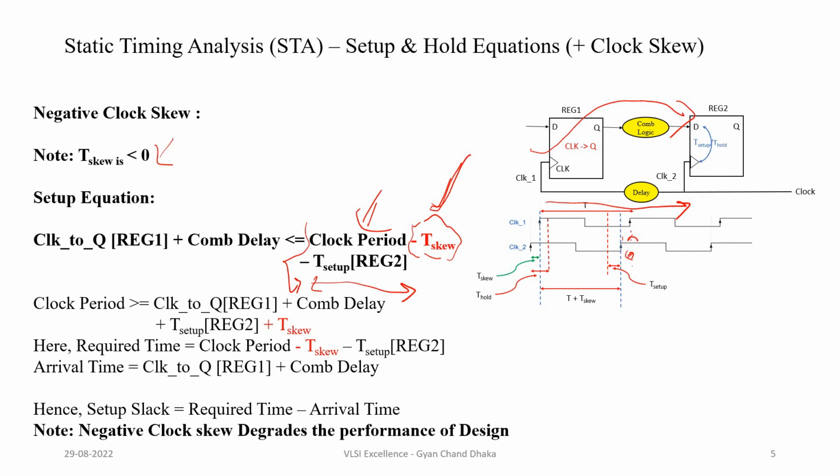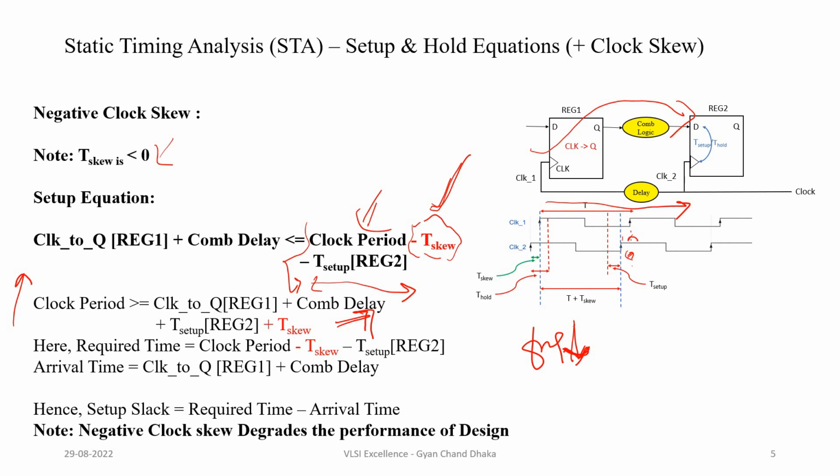If we rearrange this equation, the clock period has to increase by T skew time. If the clock period increases, our frequency decreases, and that means our design can now only work at a lower frequency, right? So the required time has decreased by the T skew, and the arrival time is again going to be the same.